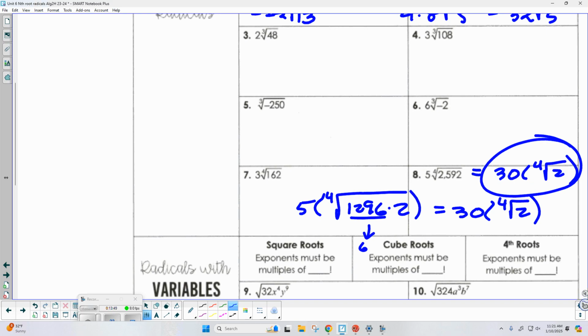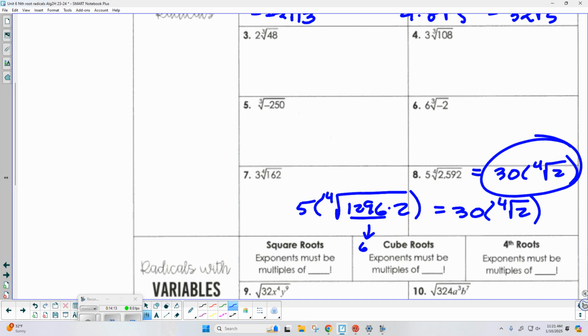How many people got that right? Okay, good. Are there any questions? Yeah. Where'd you get the 36 from? Oh, that's a square root.